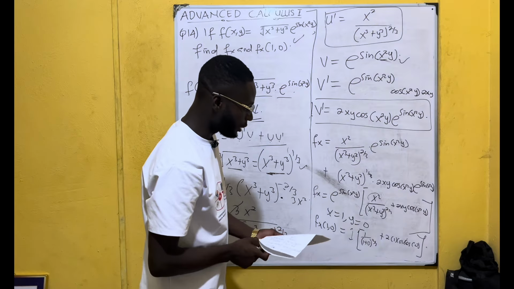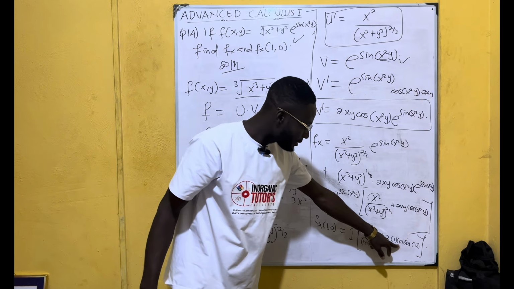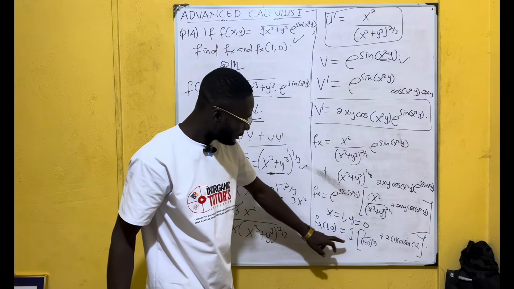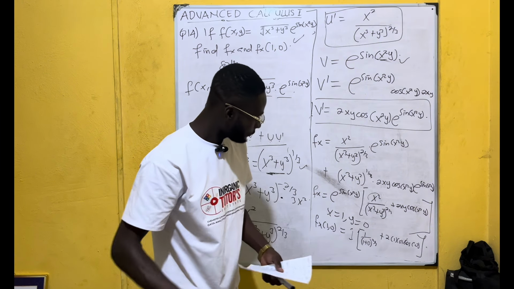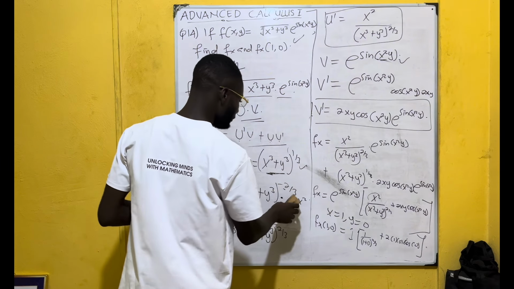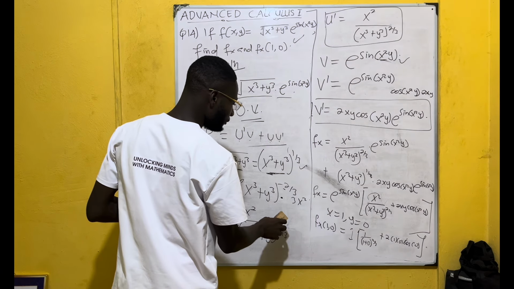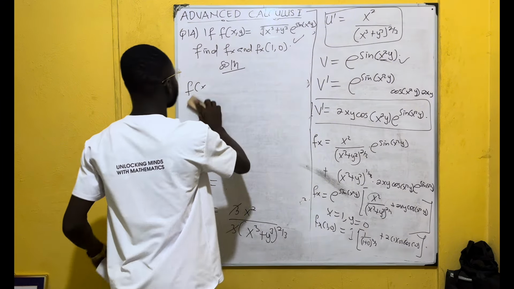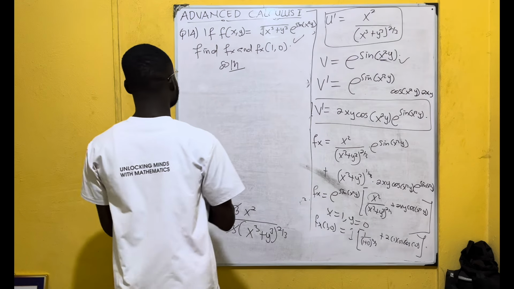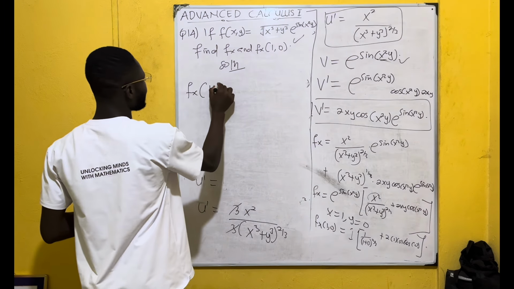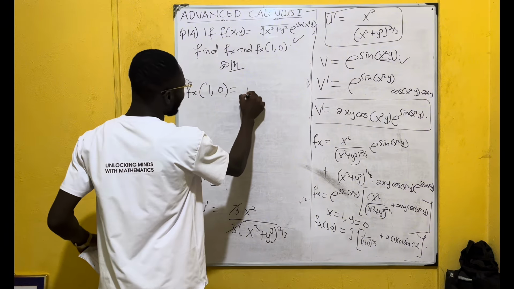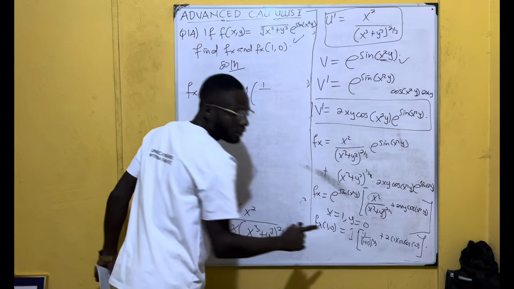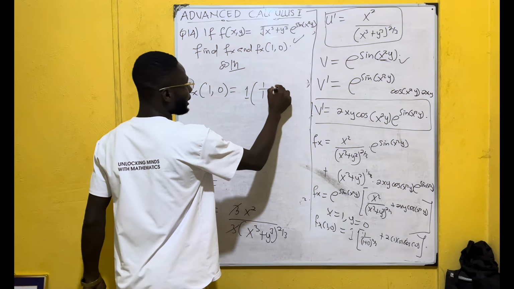Remember that cos 0 is 1, but because of this 0 here, this part goes to 0. So our final answer, fs of (1, 0), is equal to 1 into, this is 1 over 1 to the power any number, which is 1, plus 0.